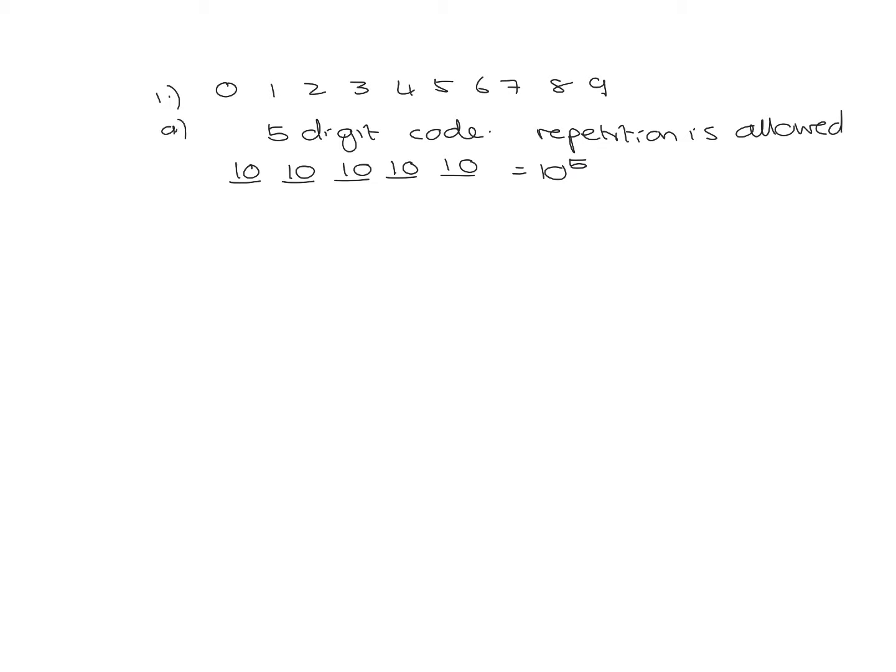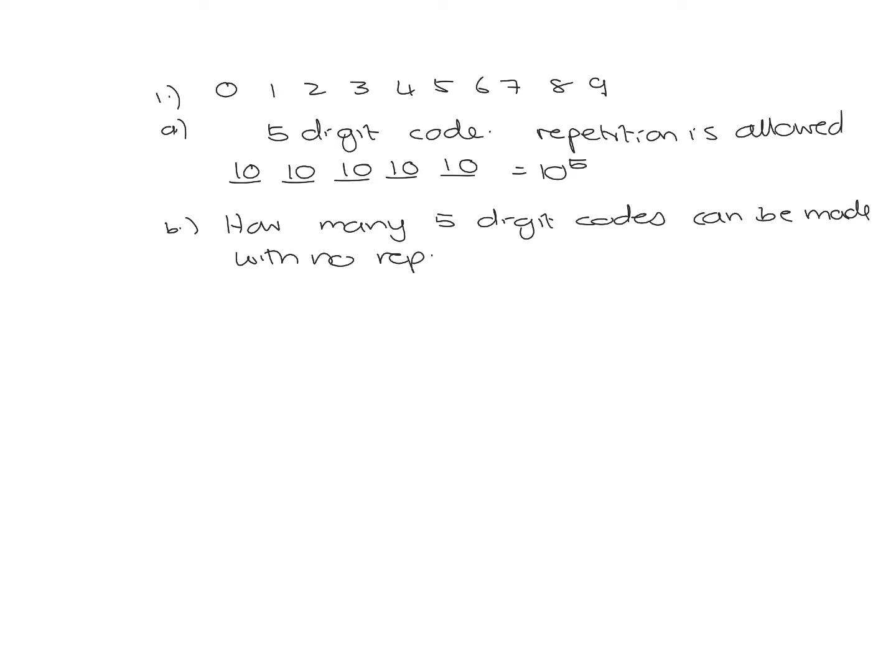If I, however, said to you, how many 5-digit codes, or numbers, can be made with no repetition, then we say, now there's 10 numbers, so there's 10 choices for the first place.